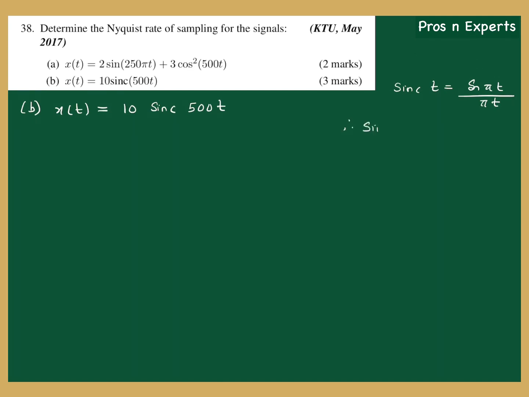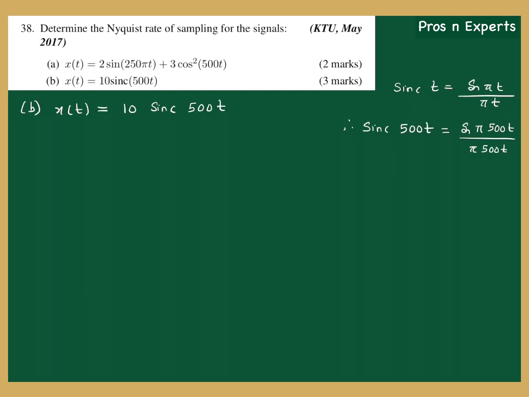Now what is sinc 500 t? What is the difference between this equation and this equation? Here the variable was just t, and here I'm changing the variable to 500 t. So in the RHS, wherever I find t, I have to replace it with 500 t. So sinc 500 t will be sine pi into 500 t divided by pi into 500 t.